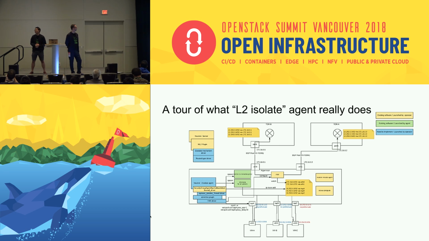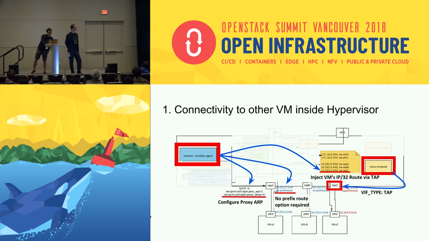The green boxes indicate existing OpenStack software, but used in a different way, which you may be familiar with. And the blue box represents our custom implementation. So let us look at these step by step, starting from the part explaining connectivity between VMs inside the hypervisor, from left to right.